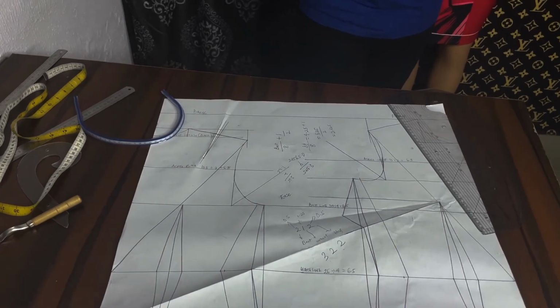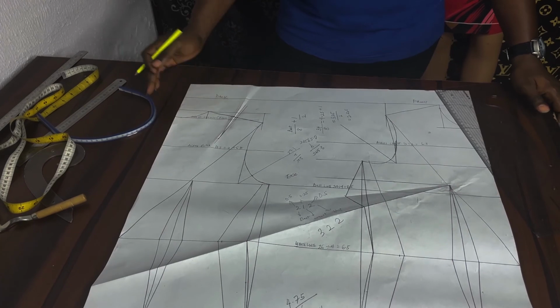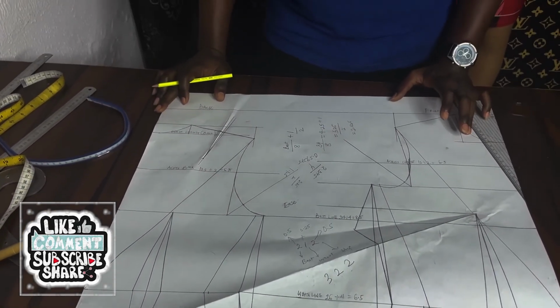So at this point in time, we are done with drafting our pattern. So this is our back bodice, and this is our front bodice.